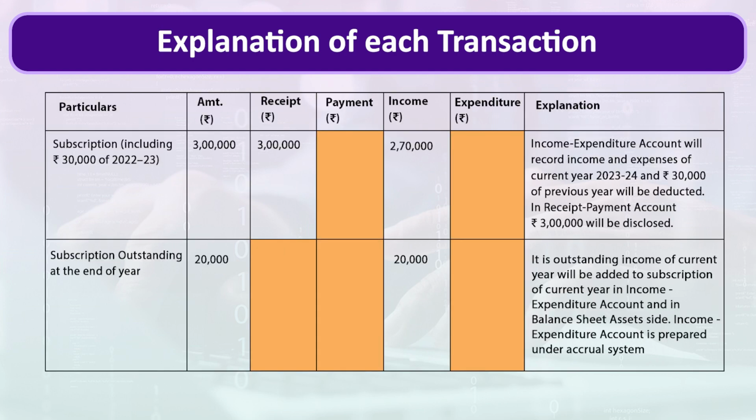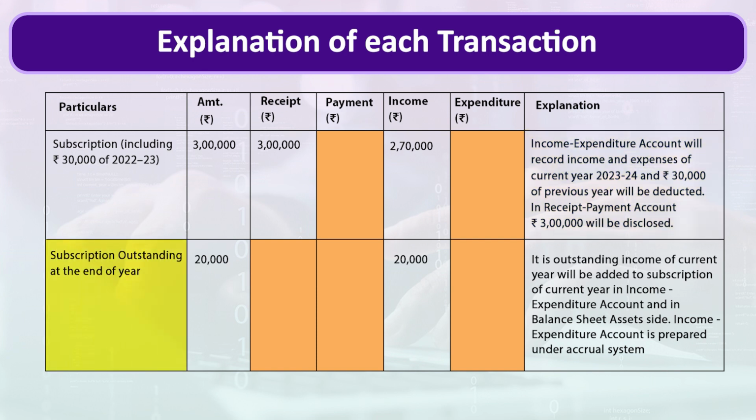The very first item is subscription, which includes 30,000 of 2022-2023. The income and expenditure account will record income and expenses of current year 2023-2024, and rupees 30,000 of previous year will be deducted. In receipt and payment account, rupees 3 lakh will be disclosed.